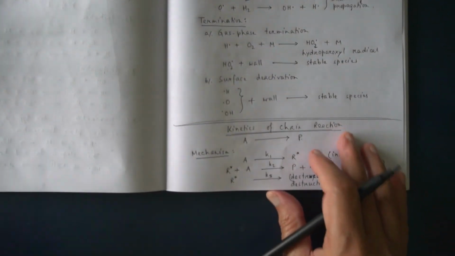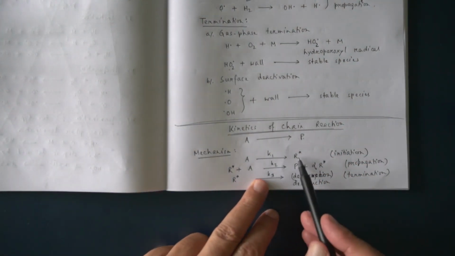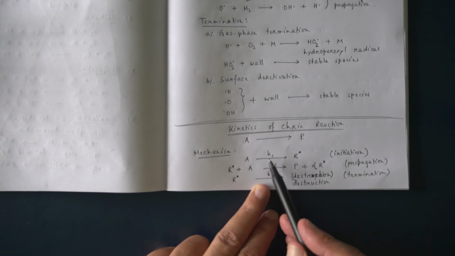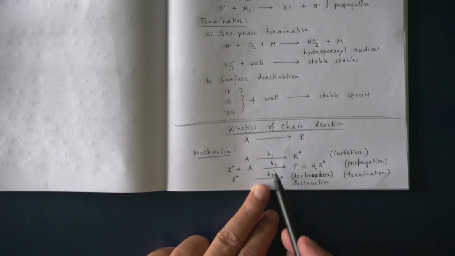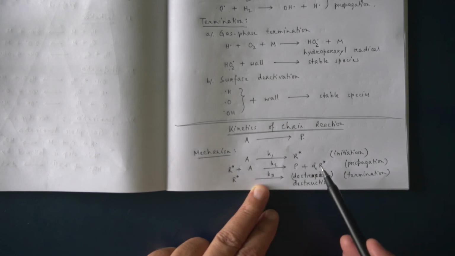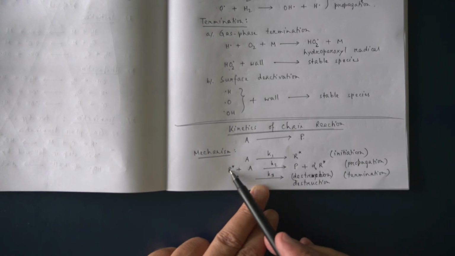Here you see this is formed, so this will be k1 into concentration of A. Here you see this is removed, lost, and this is formed.